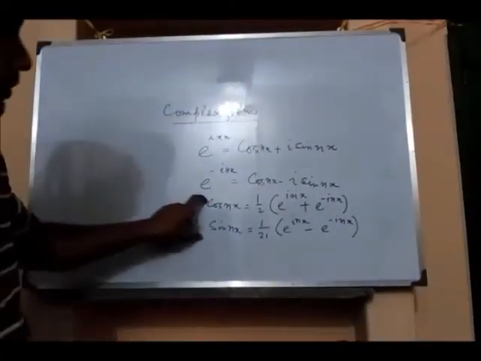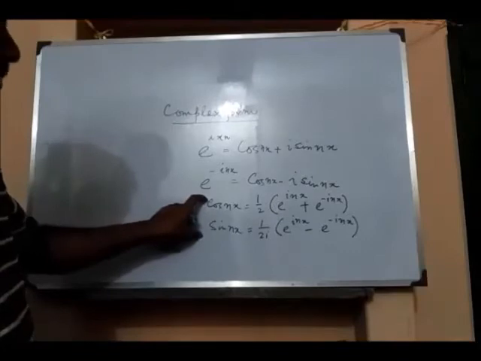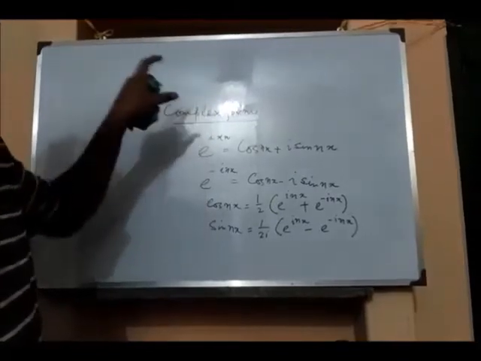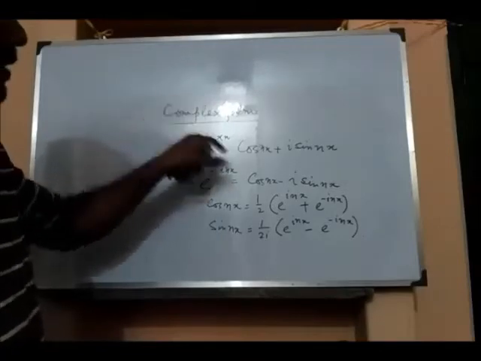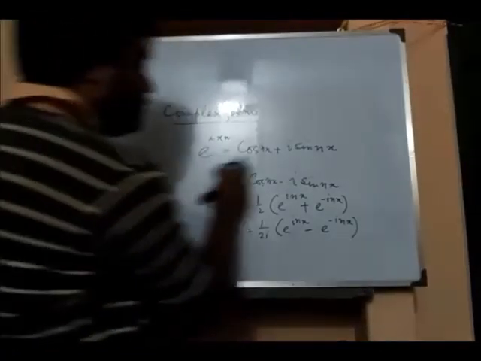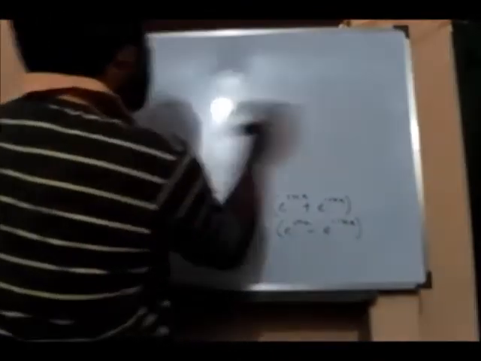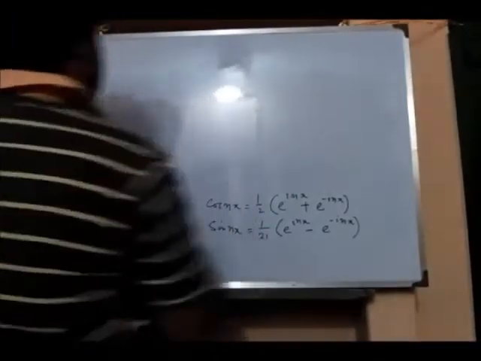So these two terms can be replaced in the Fourier series expansion to get the complex form.